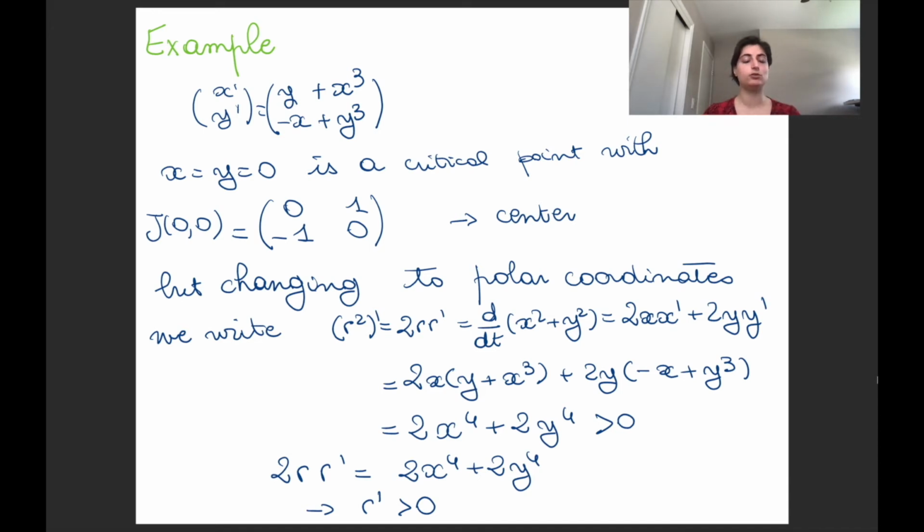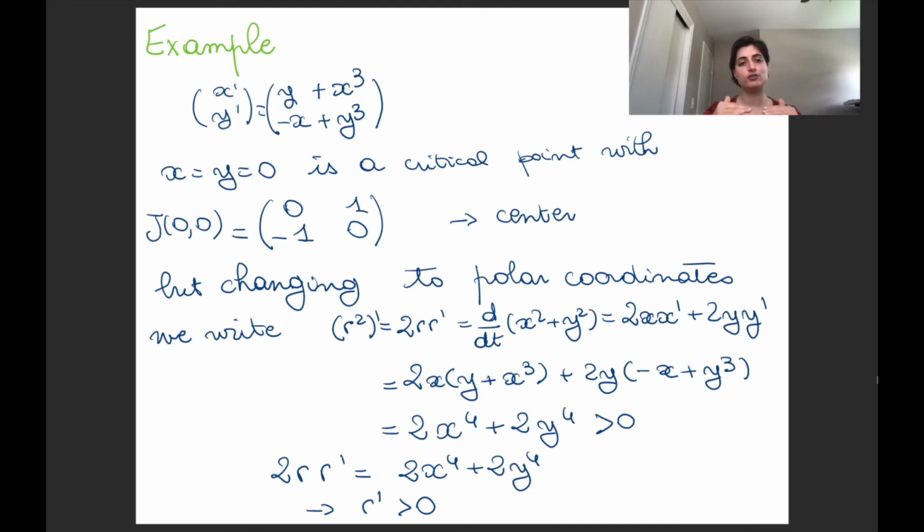We can compute the derivative of the first line with respect to x and y, the derivative of the second line with respect to x and y, put them together and compute them at 0, 0. So the Jacobian of this system, computed at the critical point 0, 0, is the 2 by 2 matrix 0, 1, minus 1, 0. We have seen this matrix already. This gives us a center.